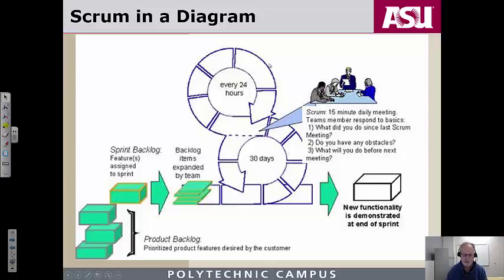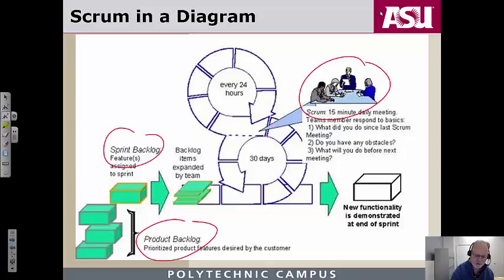The notions of product backlogs, sprint backlogs, the nature of how often you meet, what happens in a daily stand-up that you see up over here. This is the product backlog, sprint backlog, the nature of a sprint as you see it going around, and the nature of the turnaround every day as it goes around.